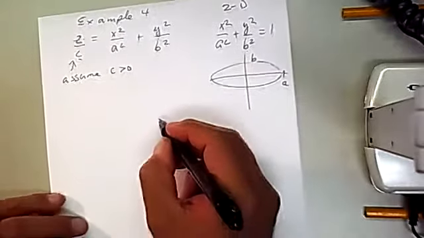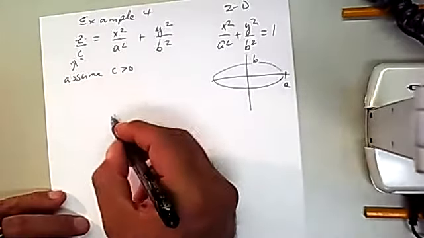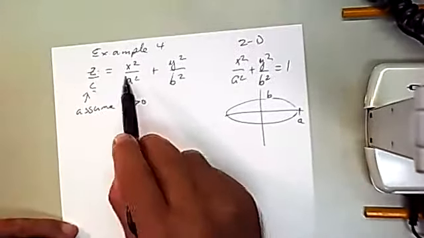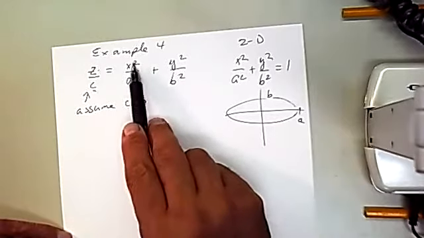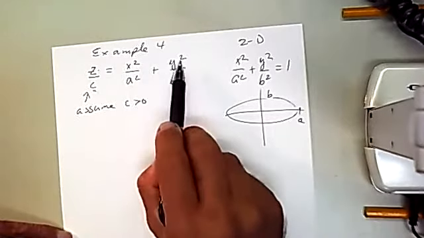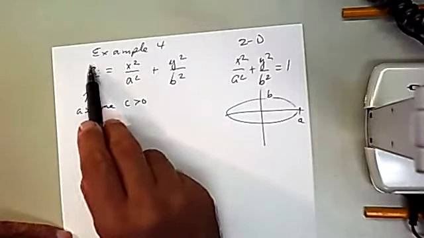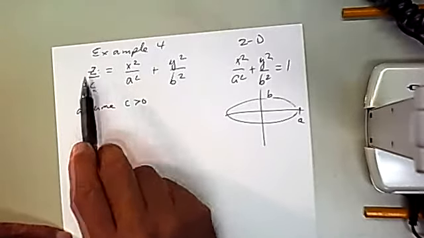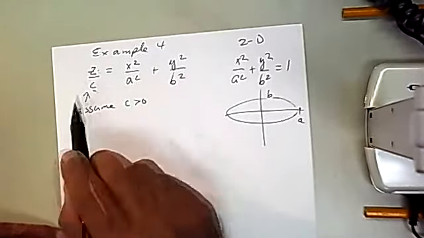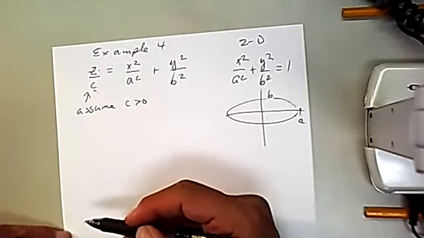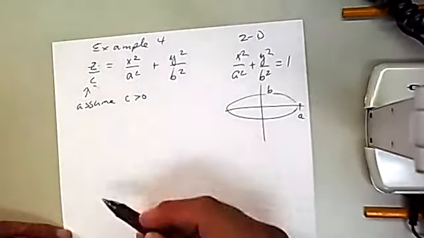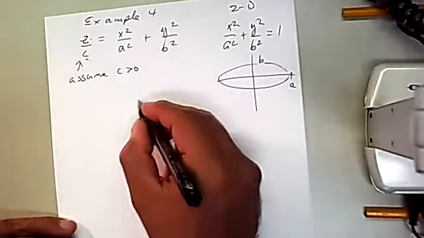So what this means is there's more considerations before we draw a picture. This quantity is positive, this quantity is positive. If C is positive, that forces Z to be positive, which implies that we have only a graph on the upper half of the space.